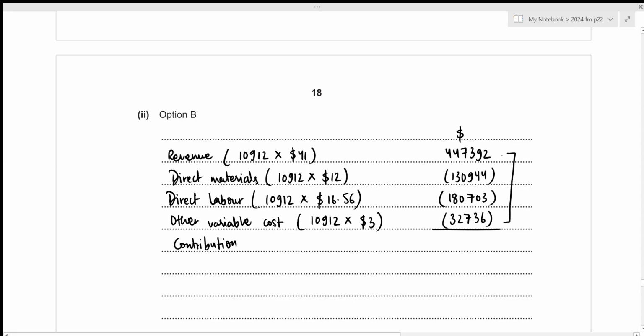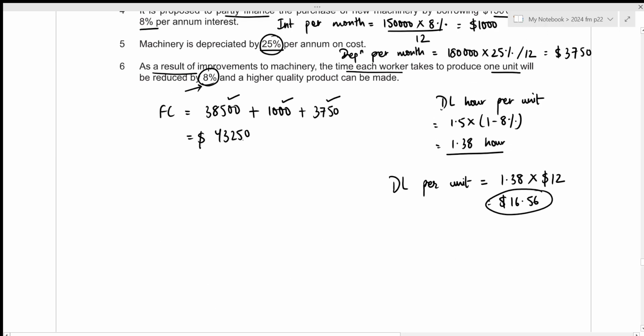So that is just going to be 447,392 minus 130,944 minus 180,703 minus 32,736, which results in the value of 103,009. Now we just need to subtract the fixed costs. And in this case, we recalculated the fixed cost right here to be of 43,250.